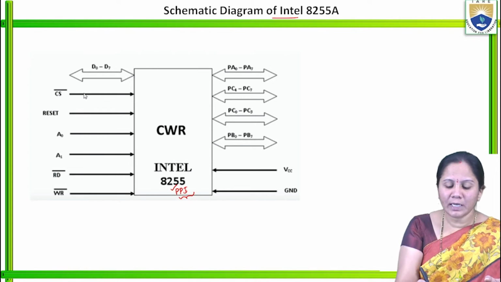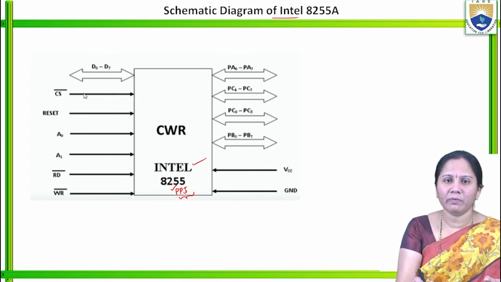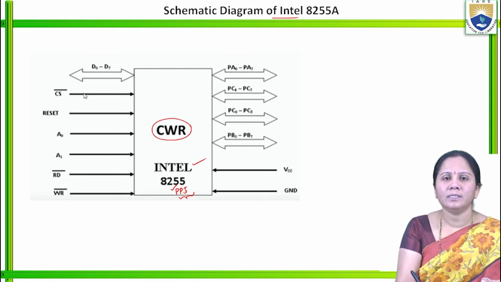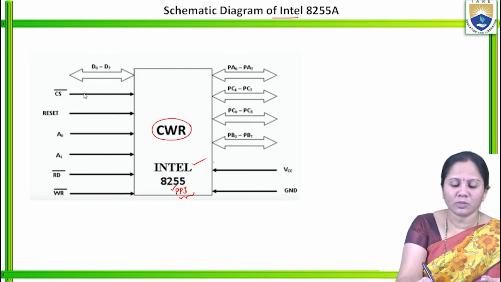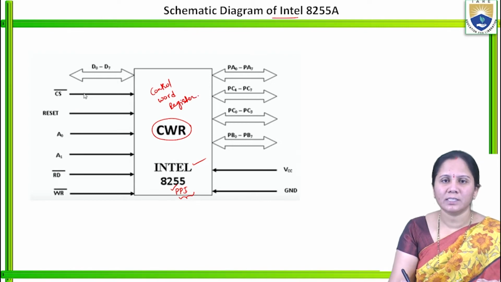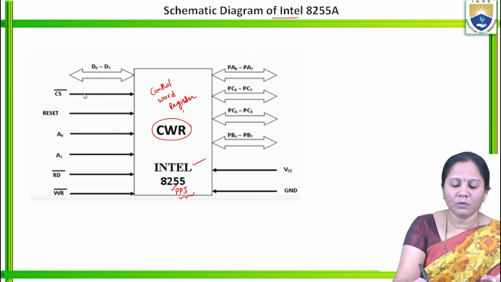Inside this 8255 IC, we have one important register, which is called CWR, the Control Word Register. This control word register is an 8-bit register.